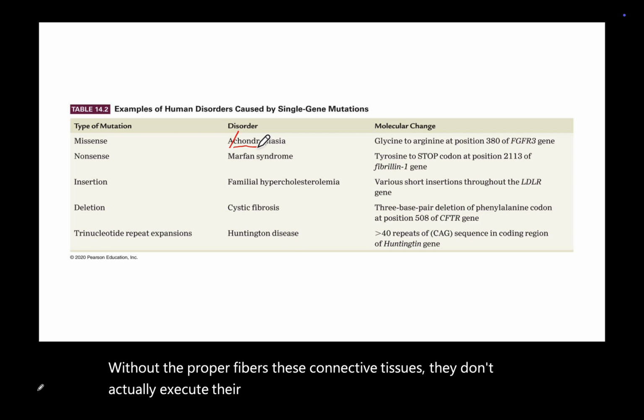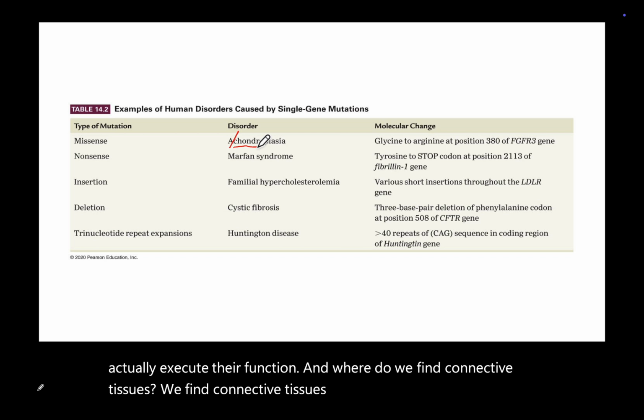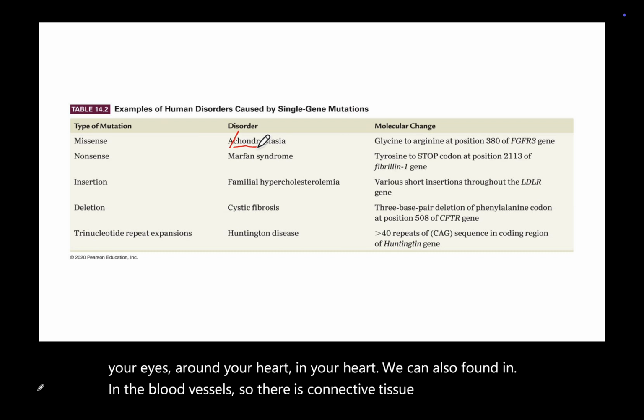And where do we find connective tissues? We find connective tissues, for instance, in the bones, in your eyes, around your heart, in your heart. We can also find them in the blood vessels.